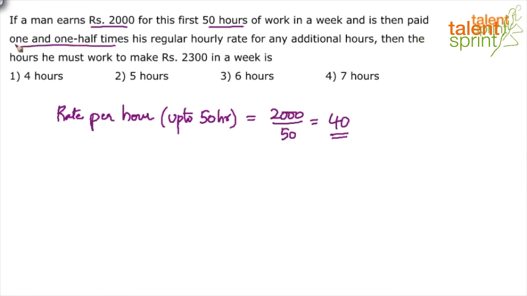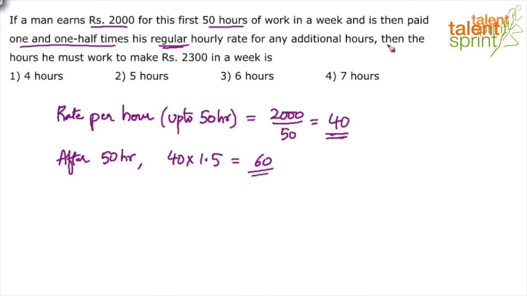And is then paid 1.5 times his regular hourly rate. See, regular hourly rate is 40 rupees. After 50 hours, what will be the rate? The rate will be 1.5 times, right? So he will be paid 40 into 1.5, which is equal to 60 rupees. So anything up to 50 hours, 40 rupees per hour. After that, 60 rupees per hour.